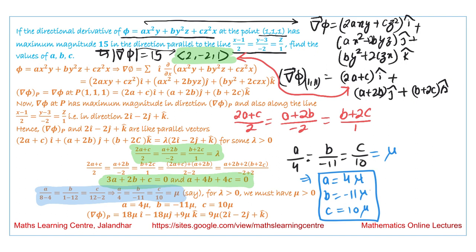Now if we substitute these values of A, B, C in this equation, we obtain the gradient of phi at the point P. It is given by 9 mu times (2 i cap minus 2 j cap plus k cap). And what is given to us is that the maximum magnitude of this, it means the magnitude of this gradient, is 15.